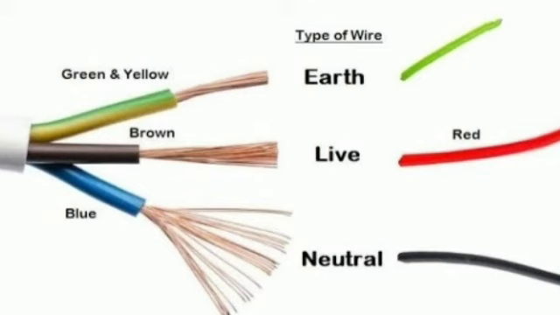Earth wire is connected to the ground. Due to a fault in the equipment, or if the plastic coating on the live and neutral wire gives way, the two wires come in contact with each other and a large current flows through them, producing heat. And if inflammable material like wood, plastic or cloth is present there, it catches fire.